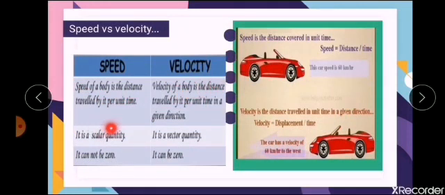Speed is a scalar quantity as it has magnitude only, whereas velocity is a vector quantity since it has both magnitude and direction. Speed cannot be 0, whereas velocity can be 0. So like how we compared distance and displacement, the same way speed and velocity can also be compared. That is, if speed is the distance covered in unit time, velocity is the distance covered in unit time in a given direction.